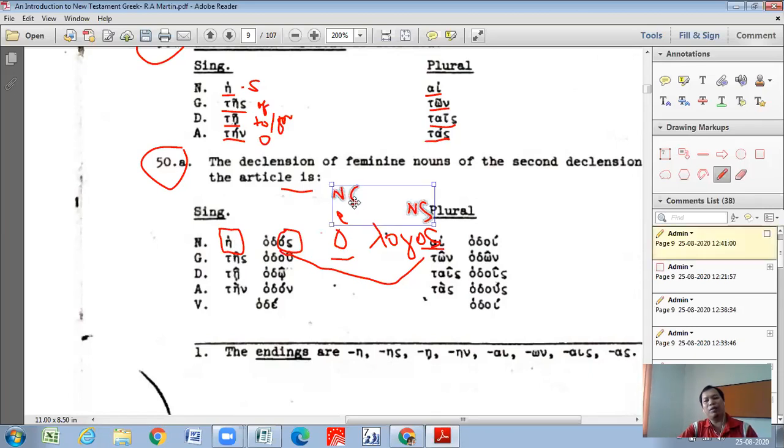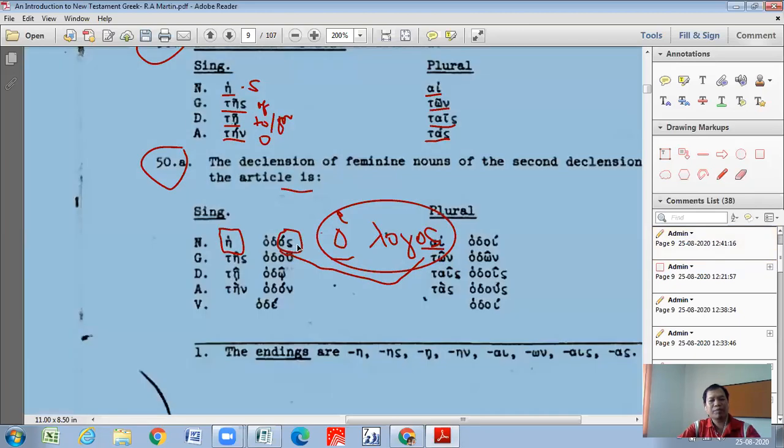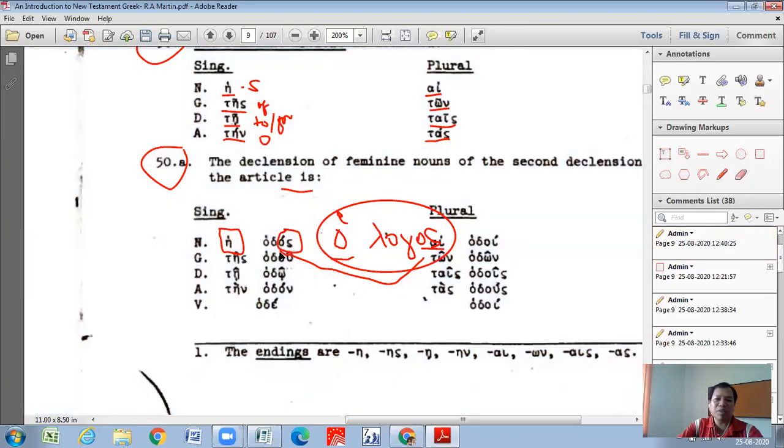Anyone want to try? In this case, because of the os, the article takes ho. Whereas in this case, even though the noun ends in os, the article takes he.